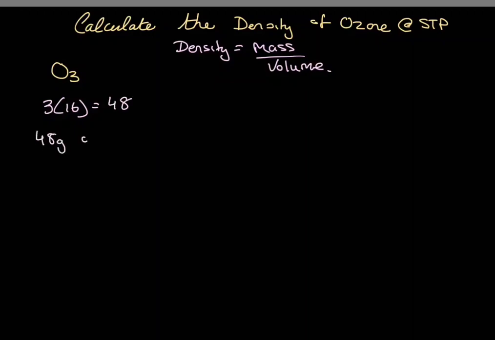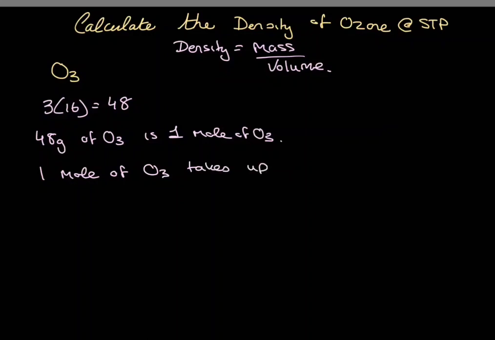That means 48 grams of O3 is 1 mole of that ozone. Because it's a gas, 1 mole of the ozone takes up 22.4 litres. And I know that because it's telling me it's standard temperature and pressure. If it was room temperature, it would take up 24 litres.